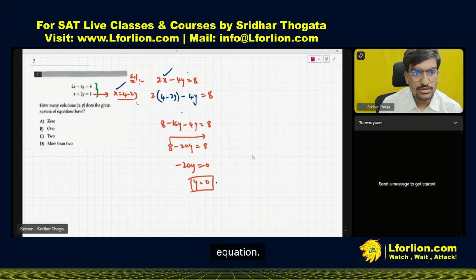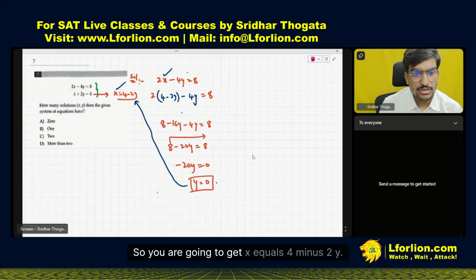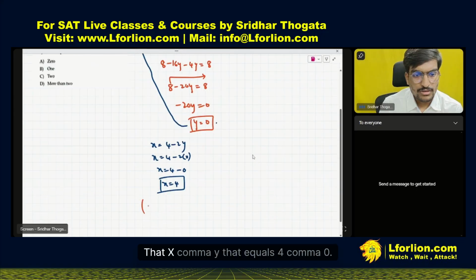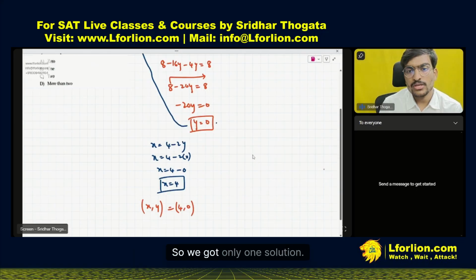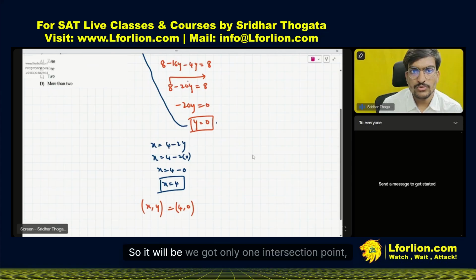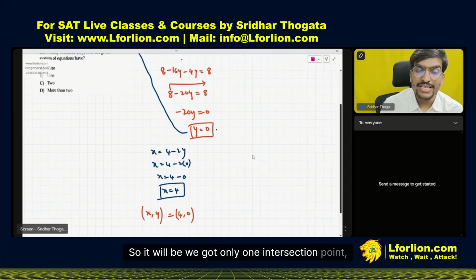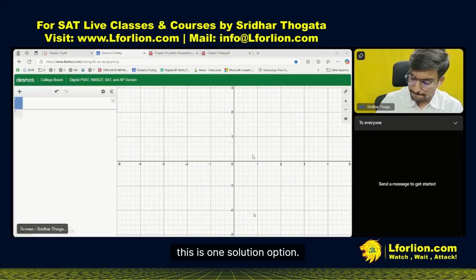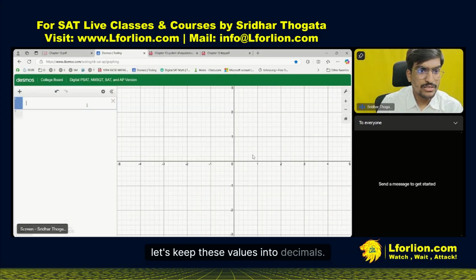Substitute into this equation, x equals 4 minus 2y, x equals 4 minus 2 into 0, x equals 4, x comma y equals 4 comma 0. So we got only one solution, only one intersection point, which means this is one solution, option B.